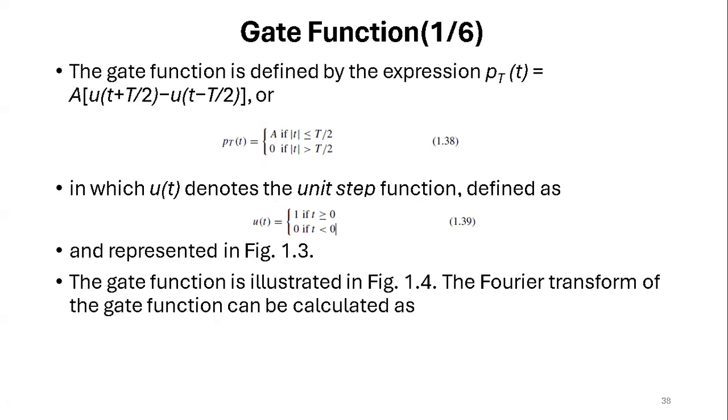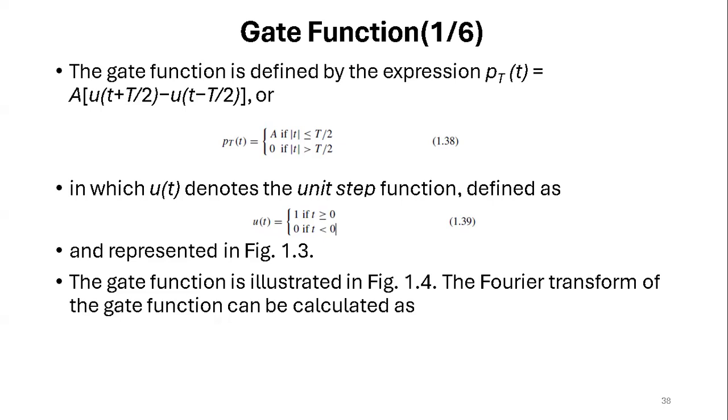Now, the gate function. We are in the important topic. The gate functions are defined by the expression p of t, which is the unit step of time plus the time period minus the unit step of time minus the time period, a periodic signal, in which u denotes the unit step function defined as simple and represented in figure 1.3.